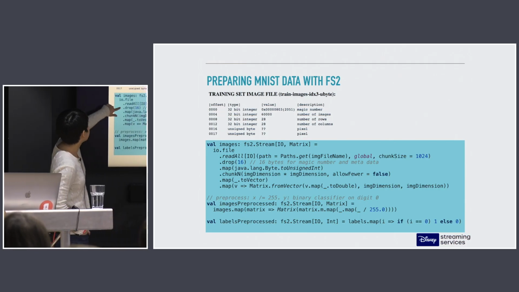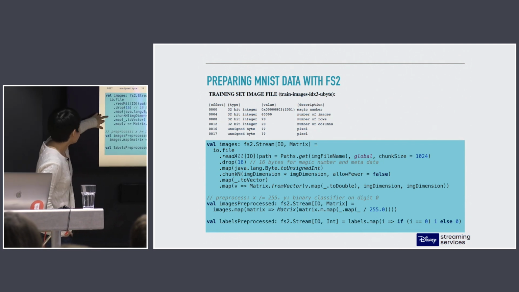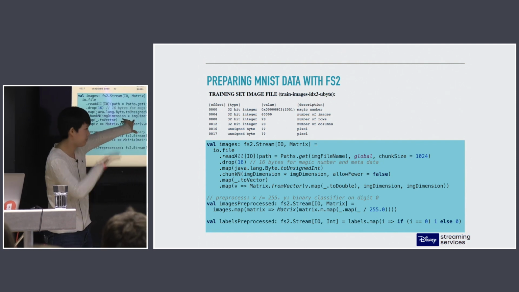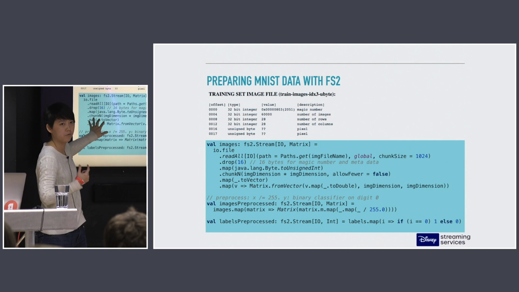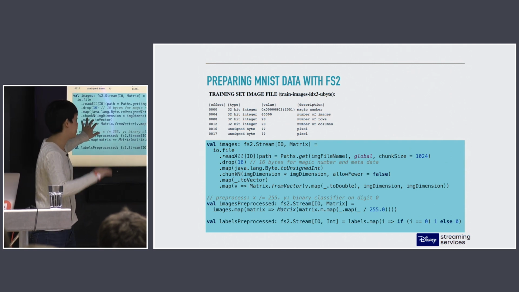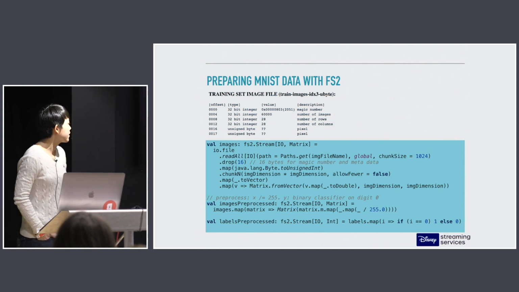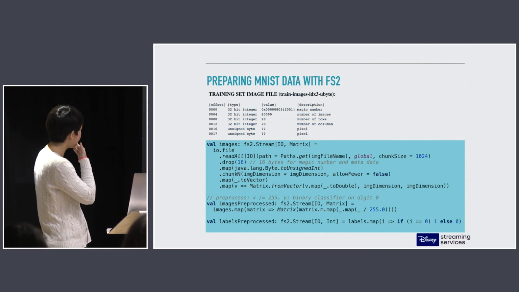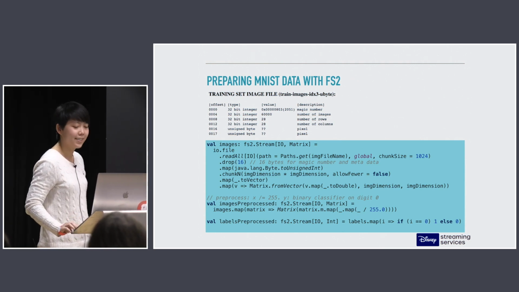You can drop the first 16 bytes, which you don't want. And then, because you know the image dimension, which is 28 pixels per side, you just take 784 per chunk and convert it into a matrix. And that's something that surprised me while I was working on this code. I didn't expect this to work so well. So that's a nice thing to know.